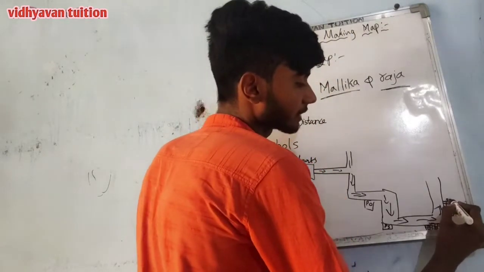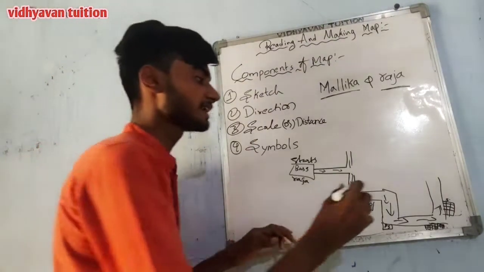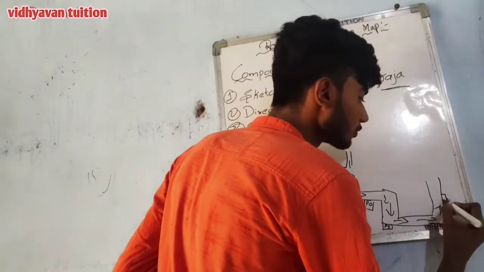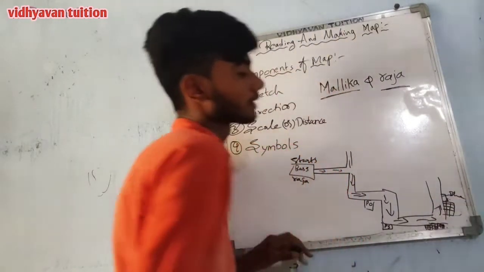Here you can write the school name. Then beside that school you will see my home, which is blue in color.